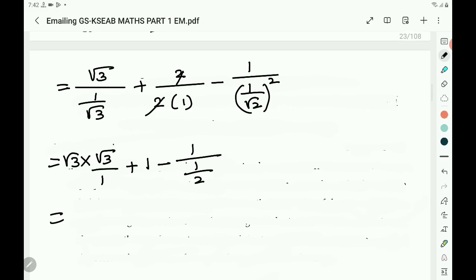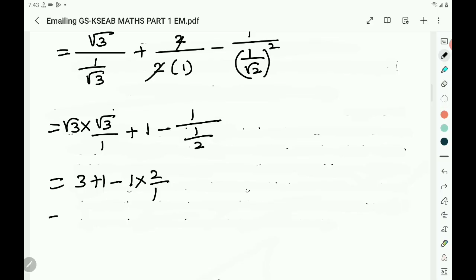Then root 3 into root 3 is 3, plus 1, minus 1 into 2 by 1. Here 1 by 2 means 1 into 2 by 1. That equals 3 plus 1 minus 2. 3 plus 1 is 4, 4 minus 2 equals 2.